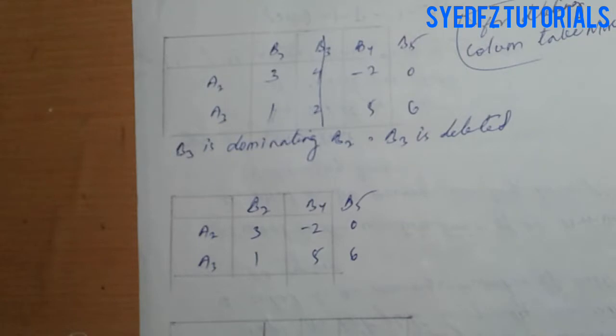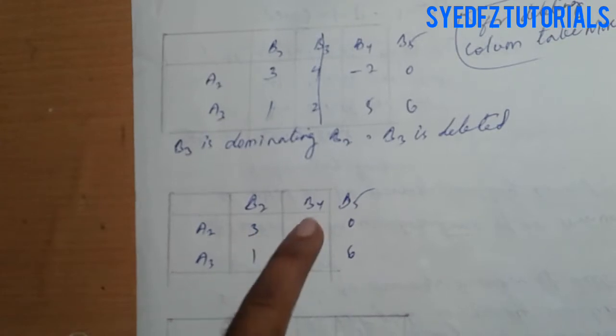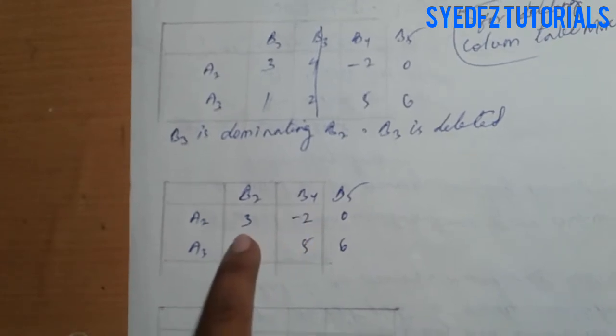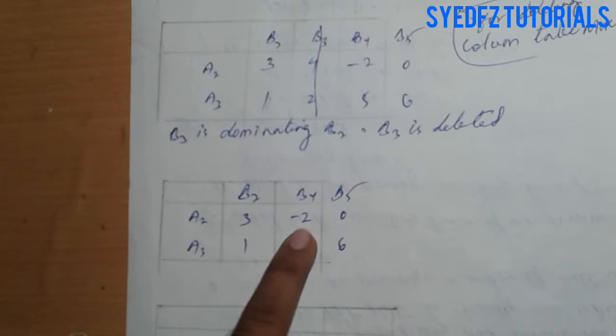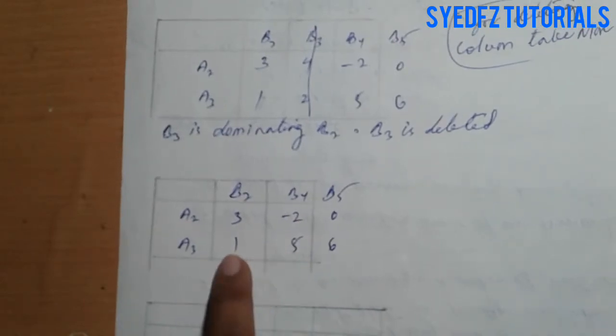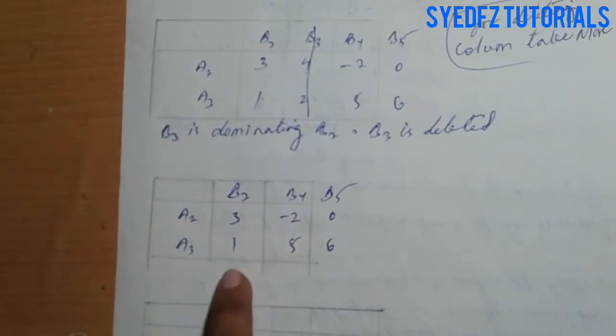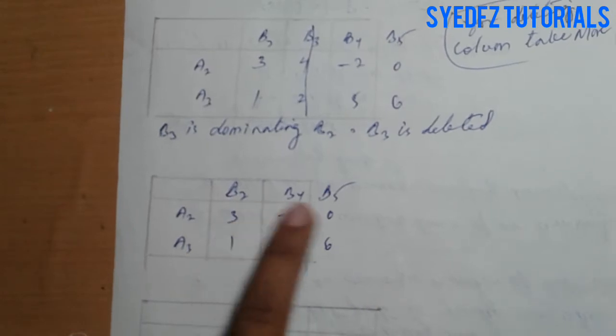Now calculate between B2 and B5. Because when you compare B2 and B4, 3 is greater than minus 2, but 5 is greater than 1, so it is not calculating the proper way. So go for B2 to B5.